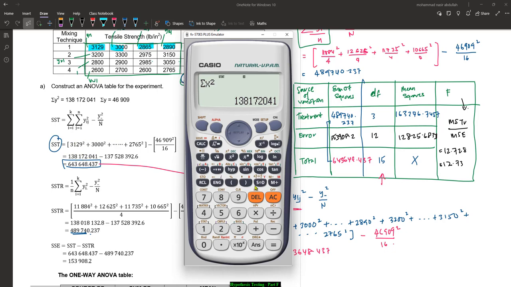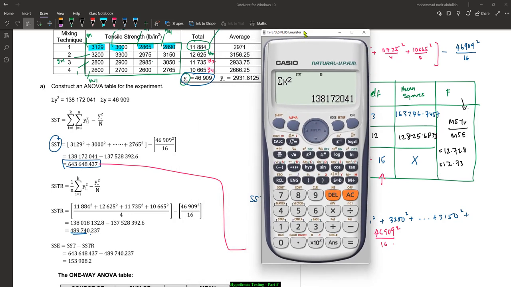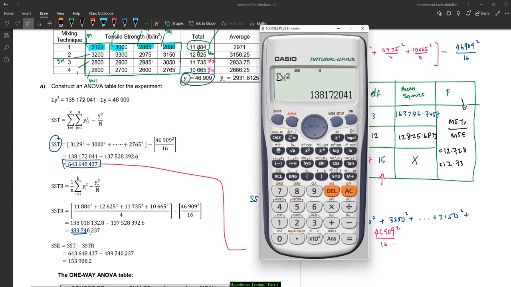So for this one ni, you kena calculate sendirilah. For the total of each row ni, you kena calculate sendiri. Right? Sebab susah nak detect dalam calculator kan? But we can have the total of y dot dot kita boleh dapat, which is number 2 is equal to y dot dot.